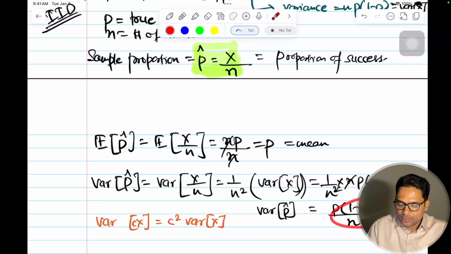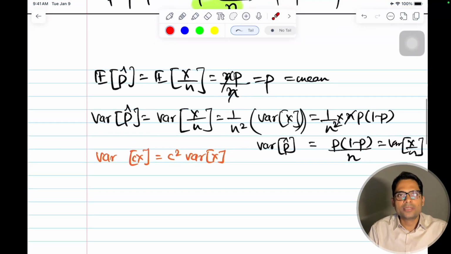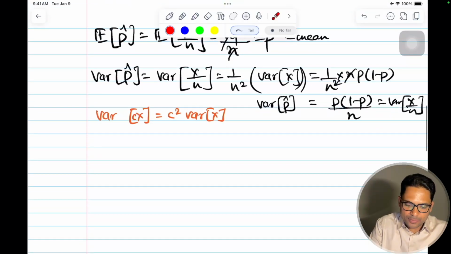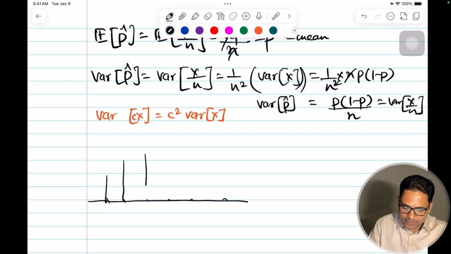This is very important. So this is your variance. And now let's bring in our central limit theorem. So this is the binomial. The binomial is for discrete data, right? So if we have n such data points, we'll get a PMF for this. So we will get bars for each value.